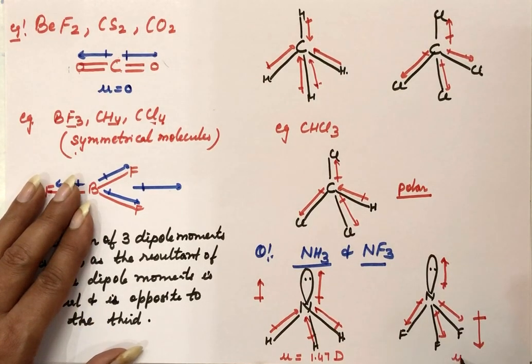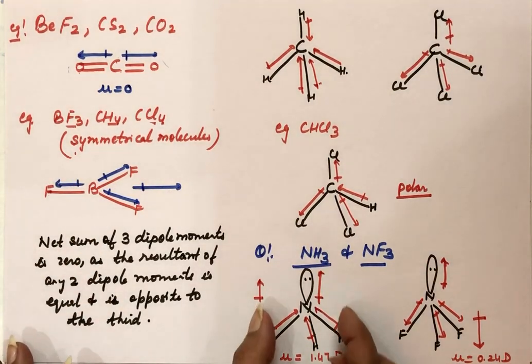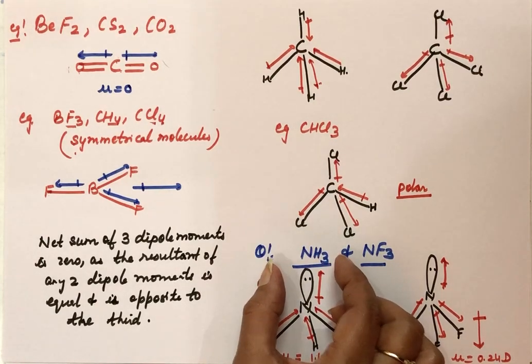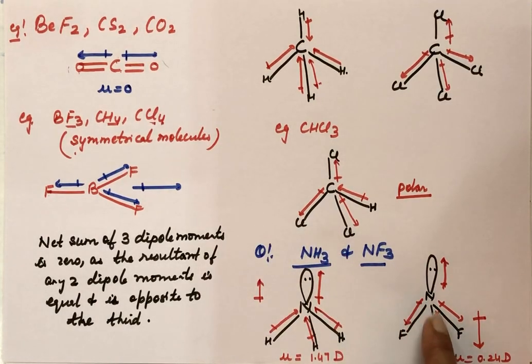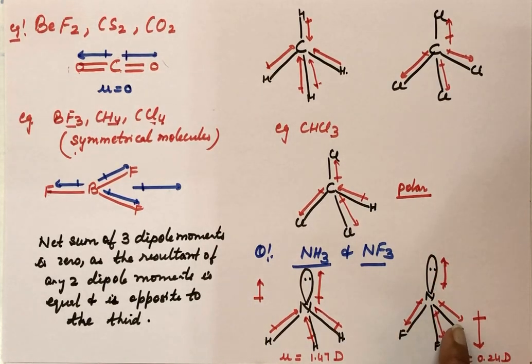The resultant dipole moment will be on this side because the direction of the electrons is towards the fluorine side. As a result, the polarity will decrease, and this comes out to be 0.24 D. Here all are towards one side, so they add up. But in this case, these are coming down and this is going up, so some dipole moment is cancelled out, and hence the polarity decreases. So out of the two, NH3 is more polar as compared to NF3.